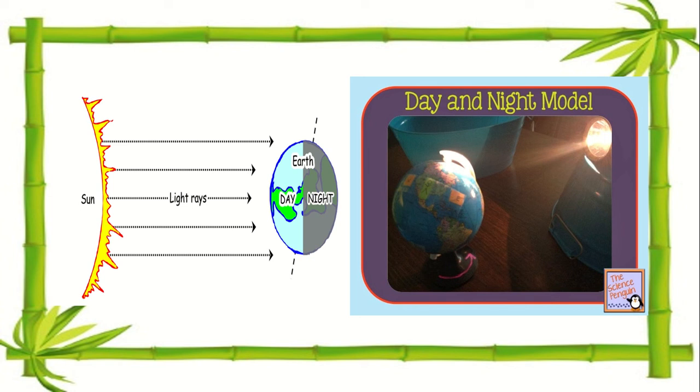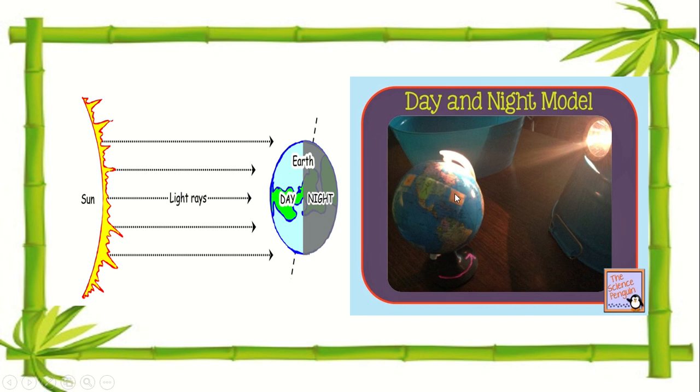Now I will tell you about one experiment which shows how day and night occur. Follow. Here is the experiment of the Earth's diurnal motion. The question can be, how do days and nights occur? This is an application based question.